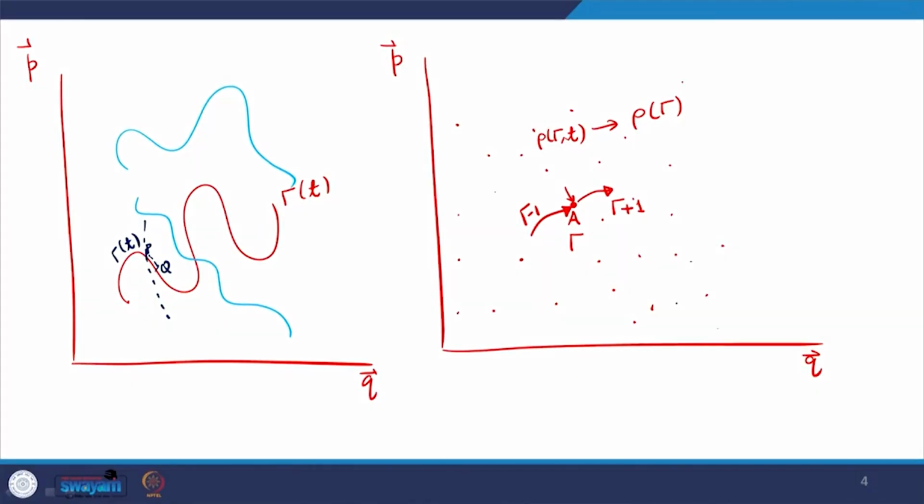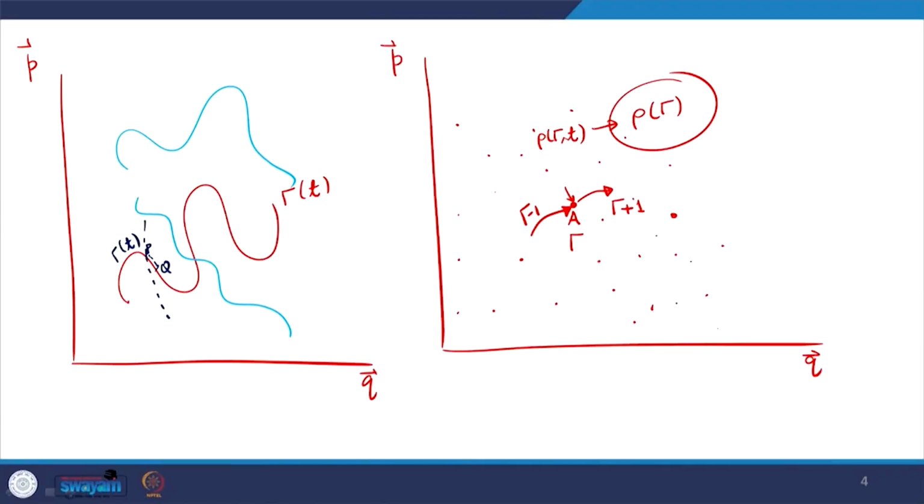Then there is another consequence that is important for the Monte Carlo simulation. Since my rho gamma is independent of time, why does it matter that I look at trajectories starting from any given point? Because in the end I am interested in the stationary solution.